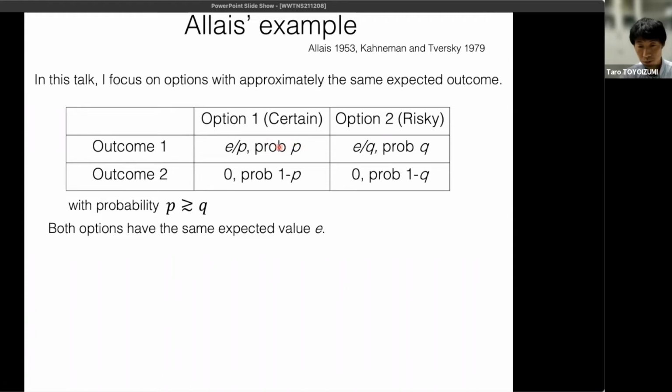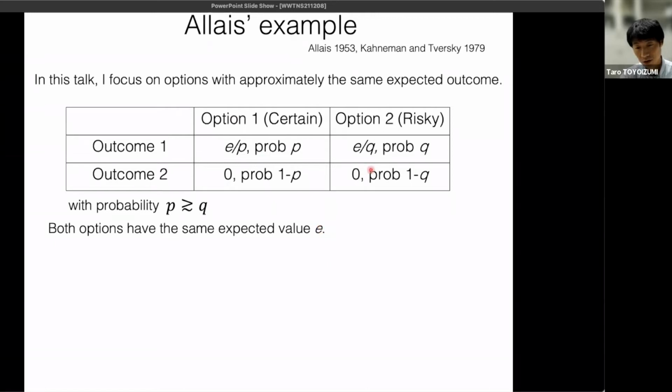The reward probability is described by P, and with the probability 1 minus P, you get 0 reward. When you receive the reward, you get the outcome E over P, so that the expected value of option 1 is equal to E.